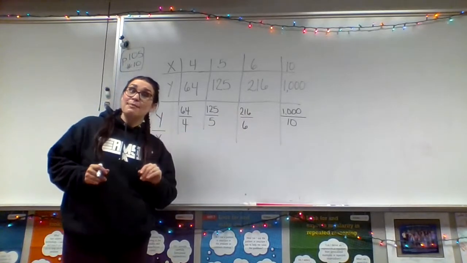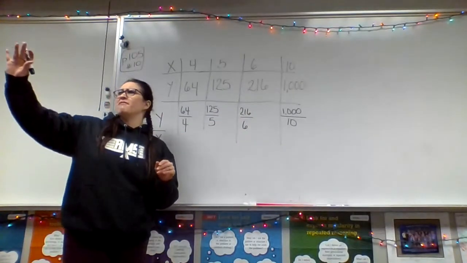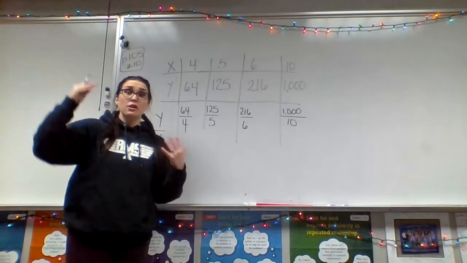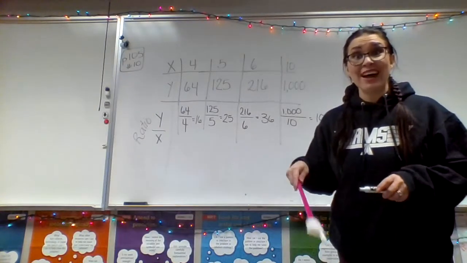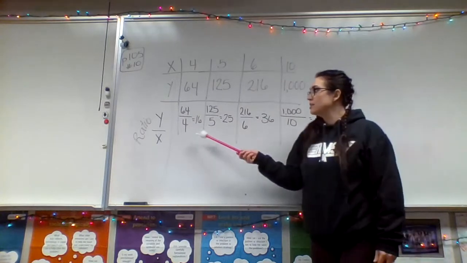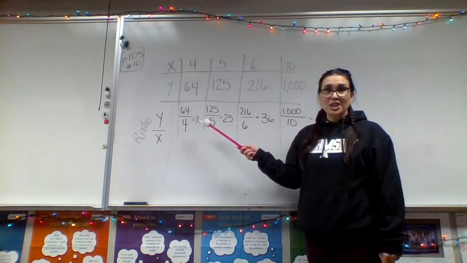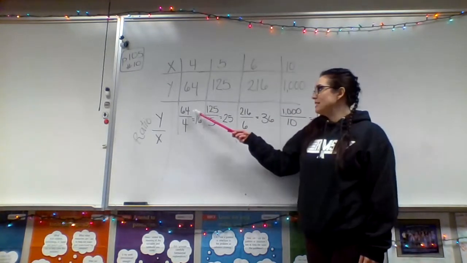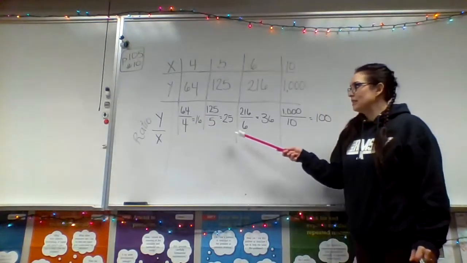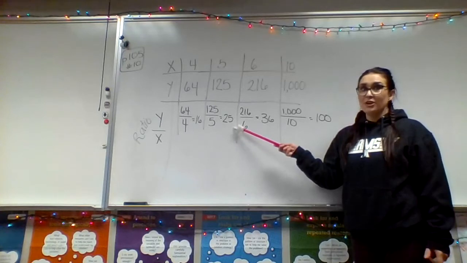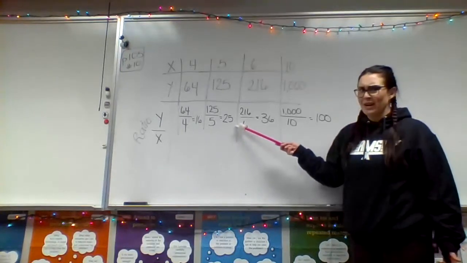My friends, I'm now going to simplify the ratios so that we can see if they're equivalent or not. Check it out. When I simplified each of my ratios, 64 over 4 gave me 16. When I simplified 125 over 5, I got 25.